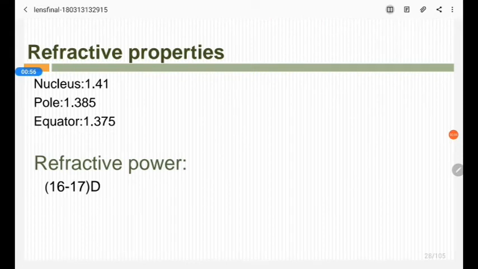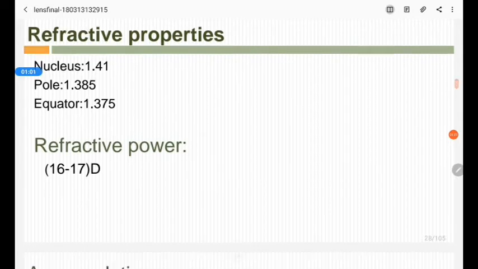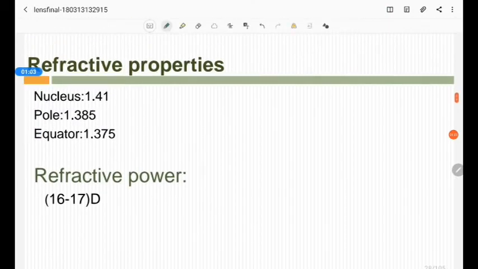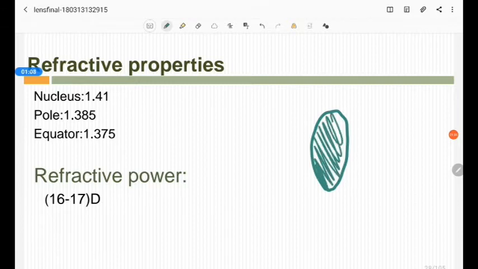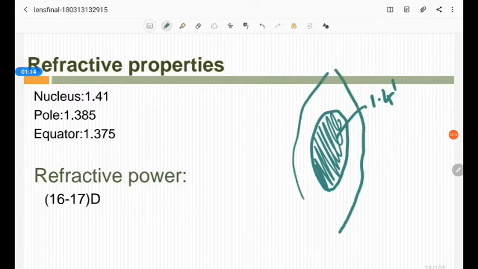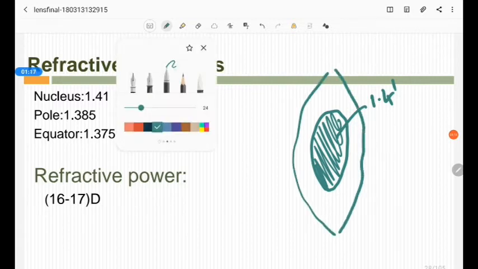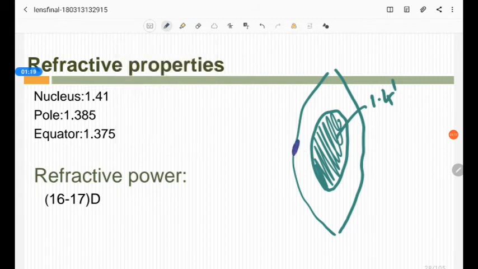With regard to the refractive index, we should know that it is actually the nucleus that has the highest refractive index of about 1.41. At the poles, it is around 1.38, and at the equator it is around 1.37.